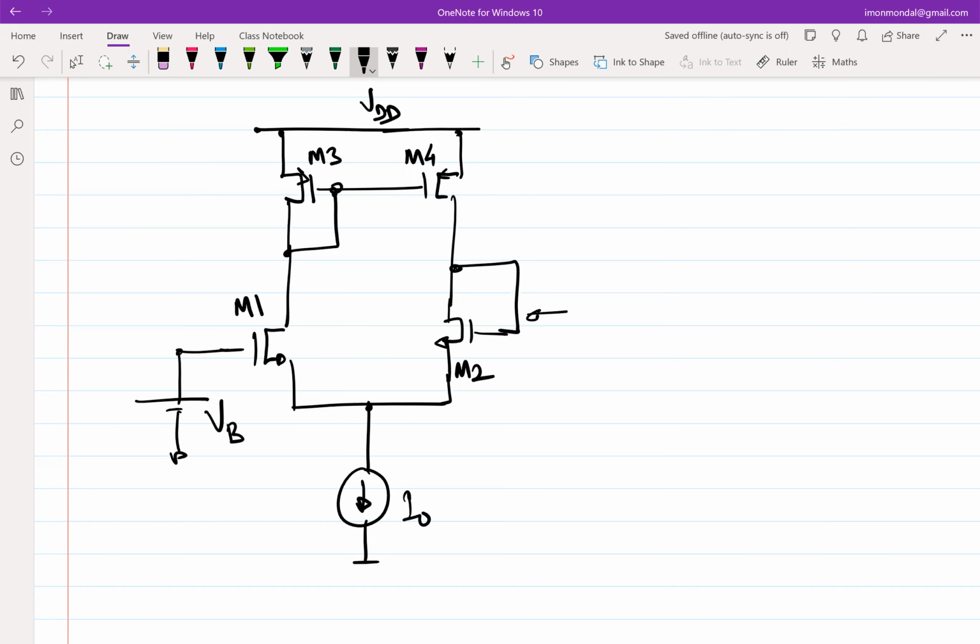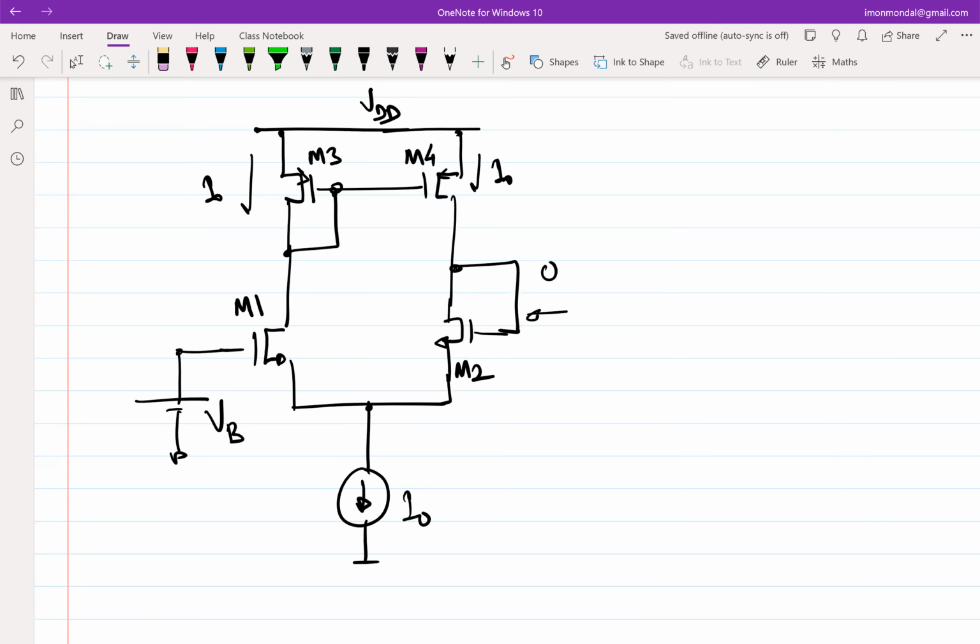Let's assume this goes to 0 volts, the extreme case, for the purpose of argument. Then what will be the state of operation of M4? It will be in saturation. And M3 and M4 are current mirrors, right? So if I assume all the current has flown into M3, which means this is I0, this is I0. But where will this I0 flow from, which is coming through M4? M2 is off, right? So this condition is not valid.